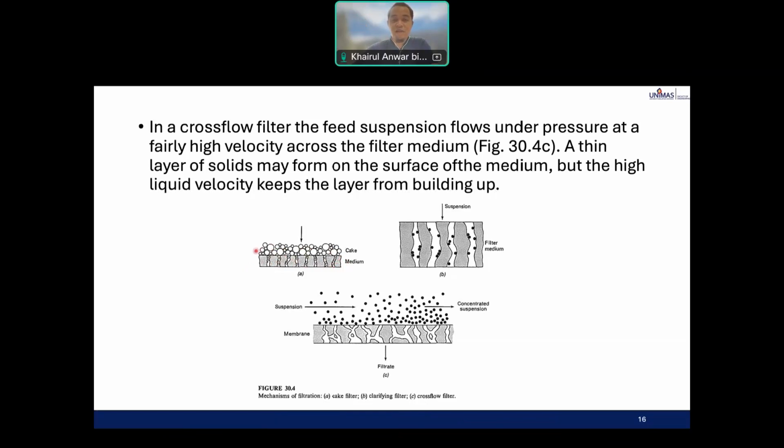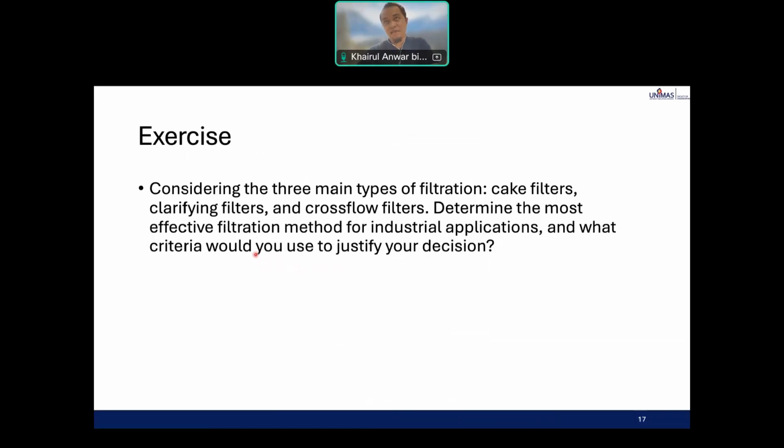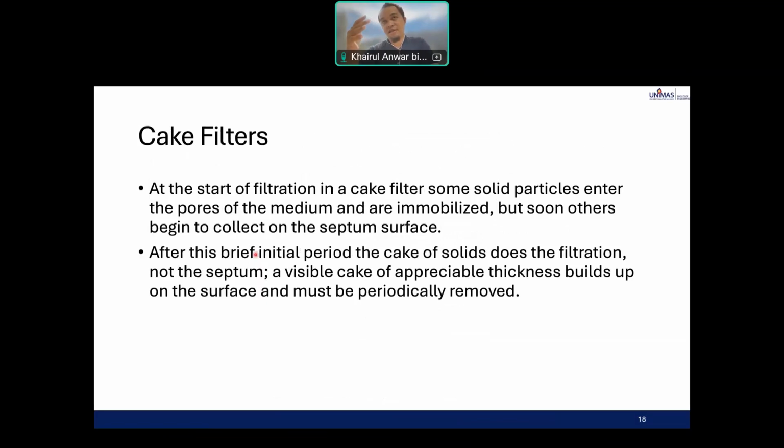So the cake that builds up on top of the surface will become a secondary filter, which can filter the incoming pollutant. But there's a disadvantage.